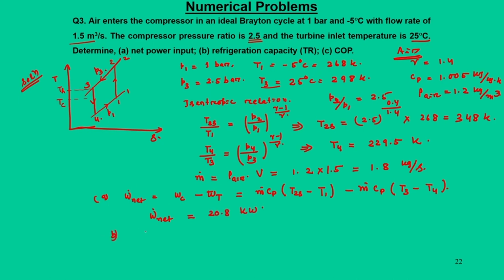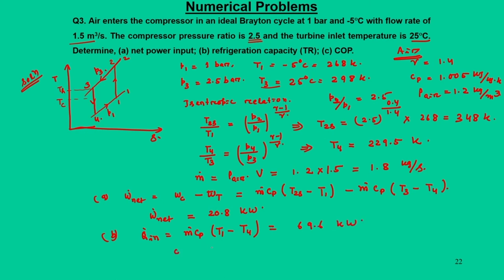Second part, refrigeration capacity, Q dot in is equal to m dot Cp into (T1 minus T4). By putting these numbers we will find 69.6 kilowatt.